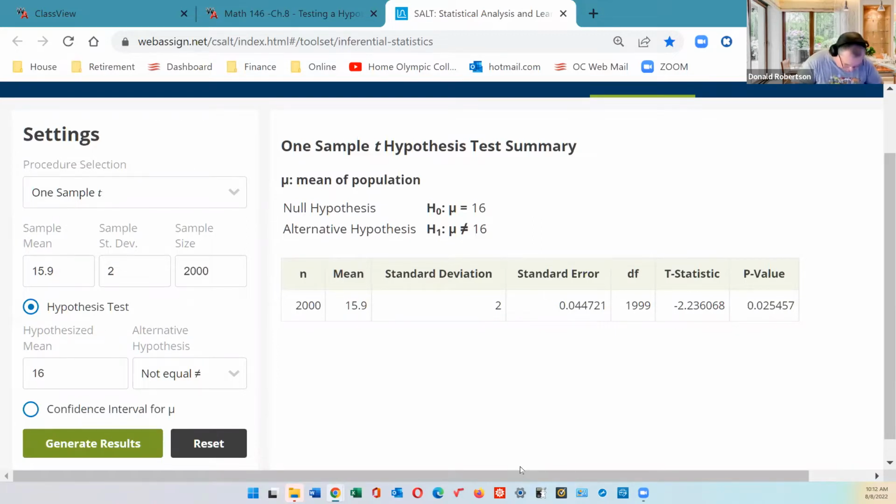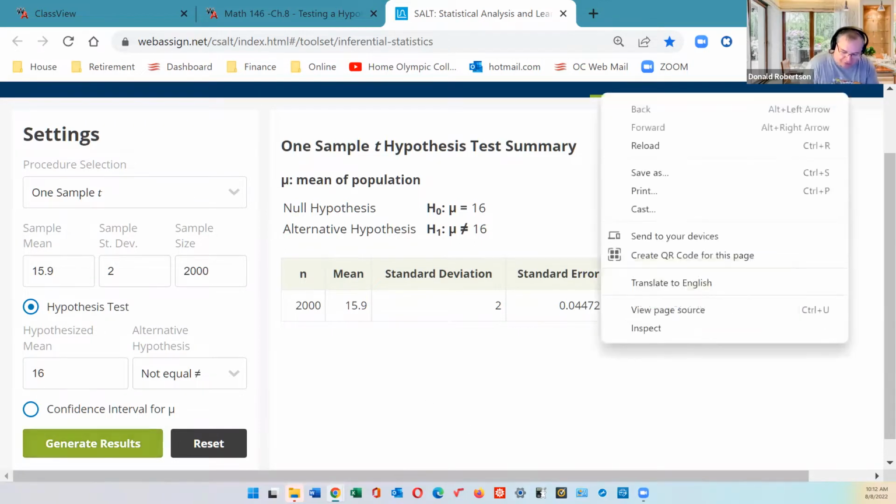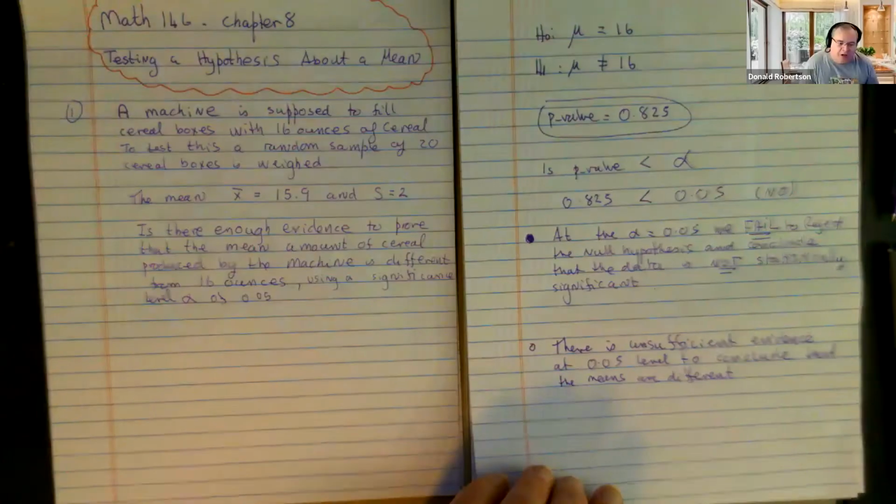The result is that you do tend to get differences eventually in every single situation if you ask enough people, like we did here. And that brings me to a concept that we have to be aware of when you see people doing hypothesis tests.